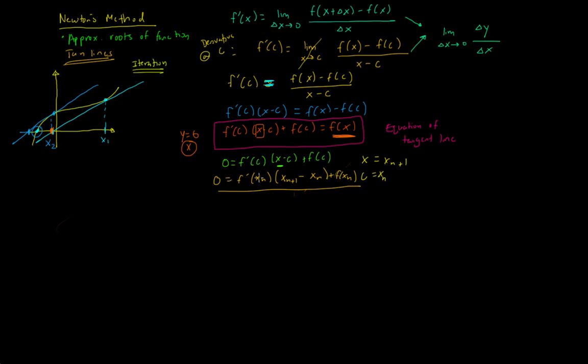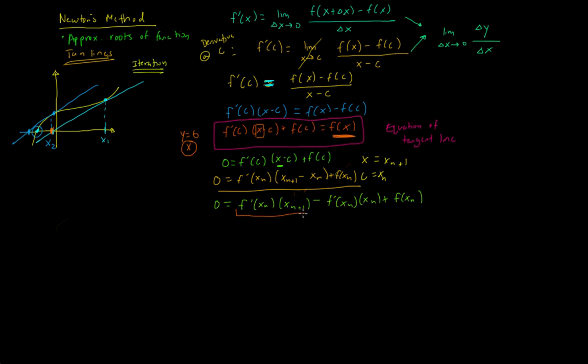And from there, we can distribute the f prime of xn into the parentheses. We can distribute that, f prime of xn times xn plus 1 minus f prime of xn multiplied by xn plus, and then the f of xn.